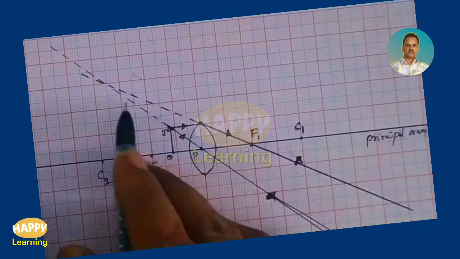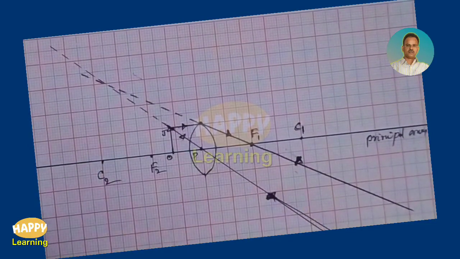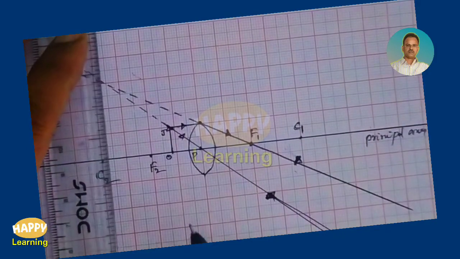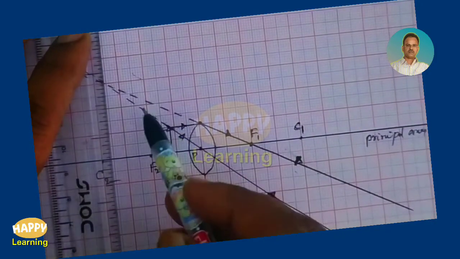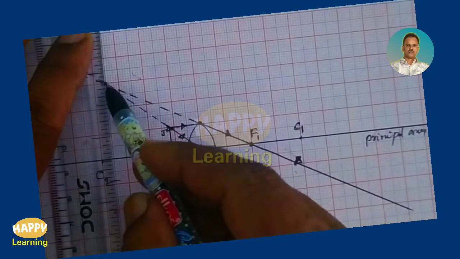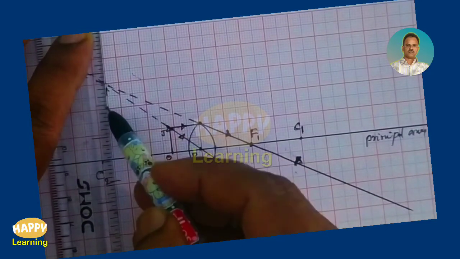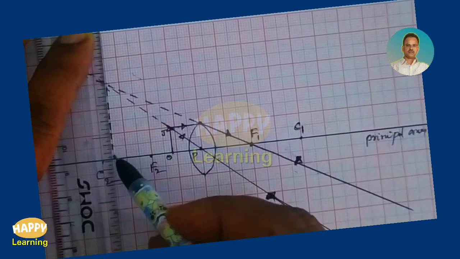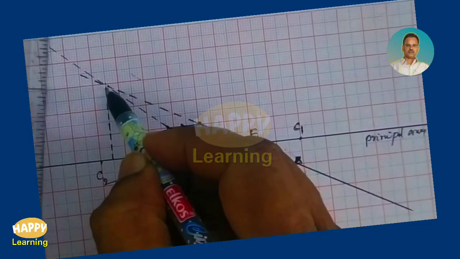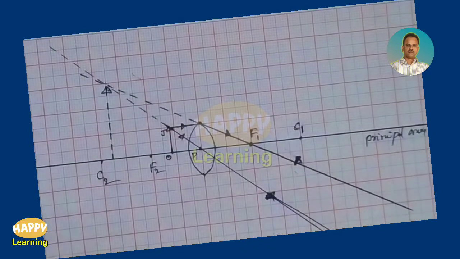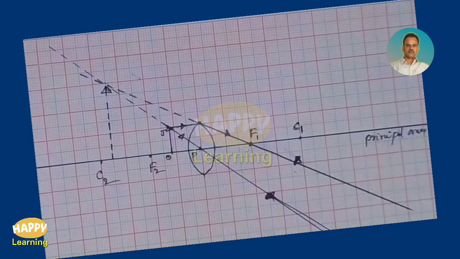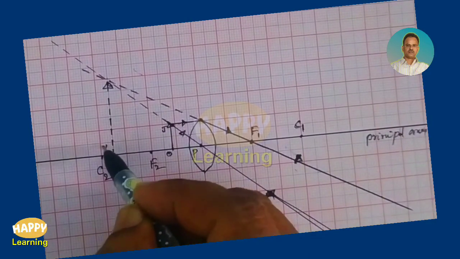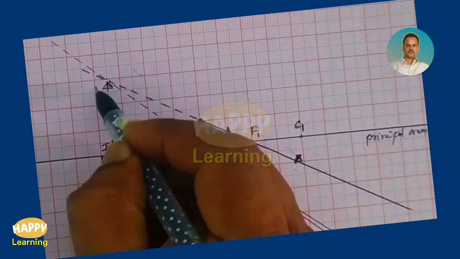This dotted line indicates that we are assuming it, it is not really happening. So here I am drawing the image also with dotted lines. That means it is an assumption. It is not real, it is imaginary. So this is image IG.